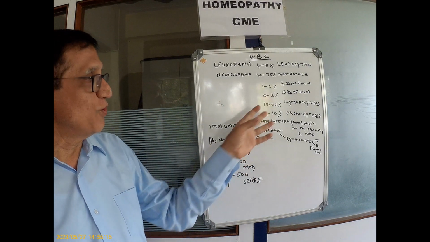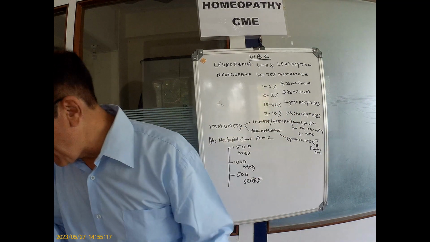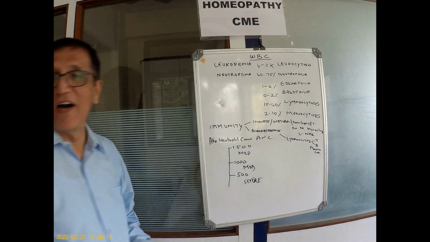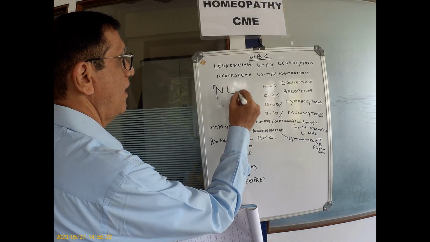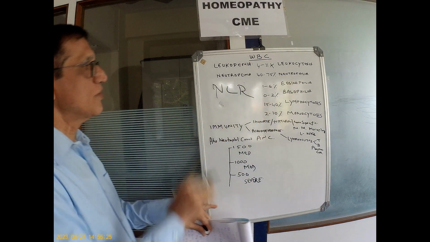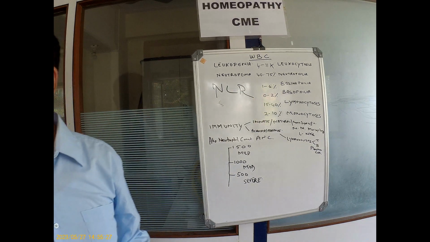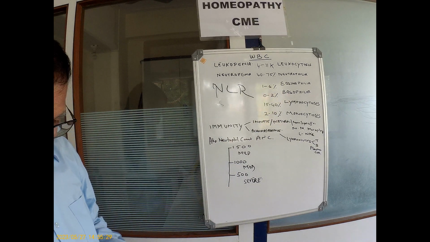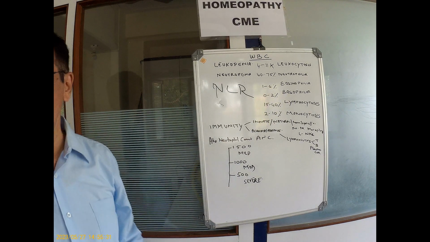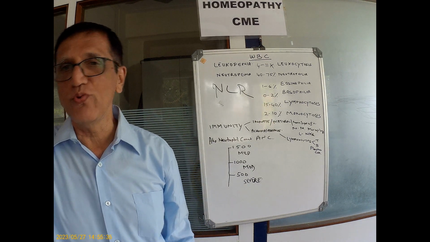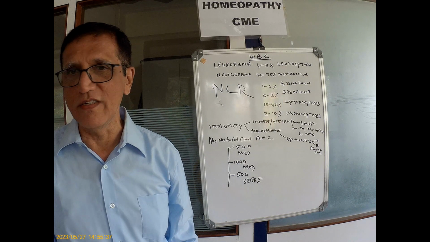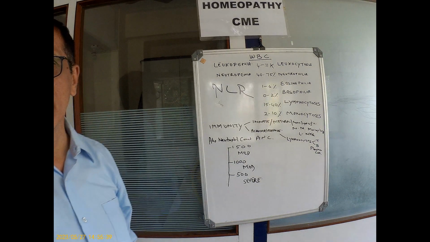COVID. You remember that NLR, neutrophil-lymphocyte ratio. What used to happen in COVID was, initially the tests were costing about 5,500 rupees, so you couldn't just order those tests left, right and center. So you have to go by other guiding principles.